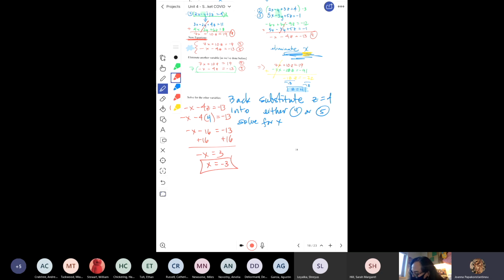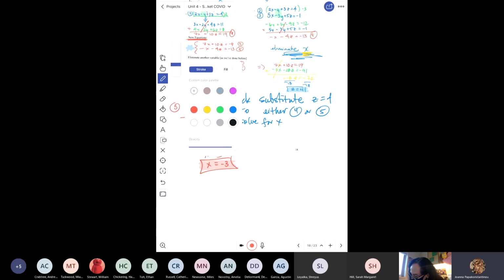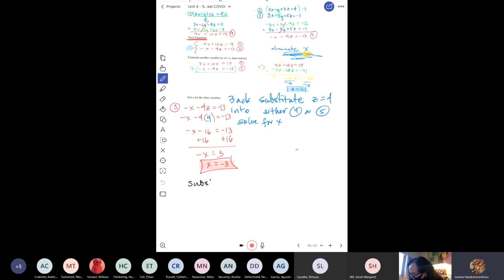So I now have x and z. So with x and z, I can now substitute x equals negative 3 and z equals 4 into any one of the original equations. I don't care which one you do.